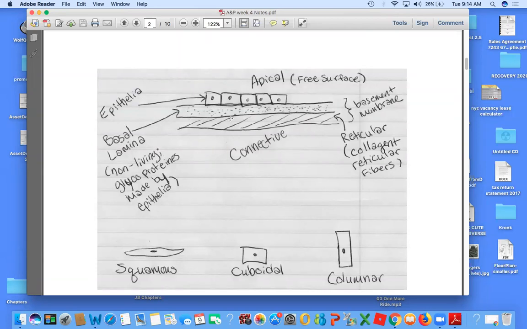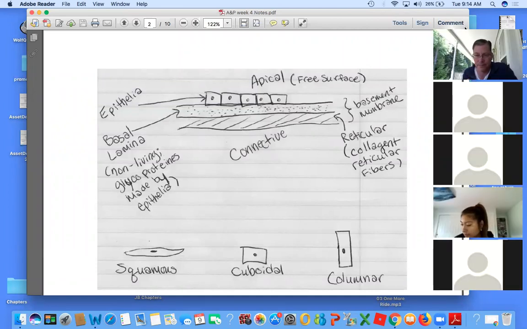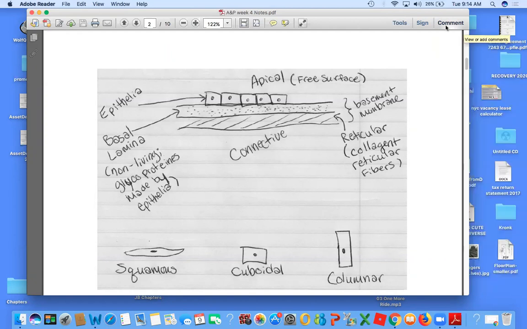And there's two parts of this foundation or basement membrane. One is known as the basal lamina, and notice I put little dots there. The dots remind us that it's a gluey type structure. It's gluey because it is adhering or attaching the epithelial to the connective tissue underneath. On the other hand, we've got the reticular lamina underneath the basal lamina.